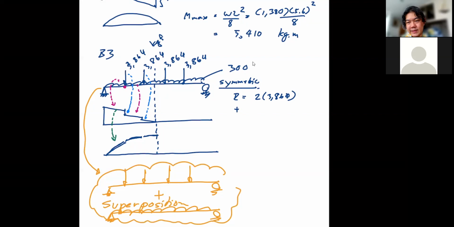Or to use the more engineering term, superpose them. So I can easily calculate the reactions by using superposition. That is, I'm going to calculate the reaction caused by the point loads, and then the reaction caused by the uniform load.